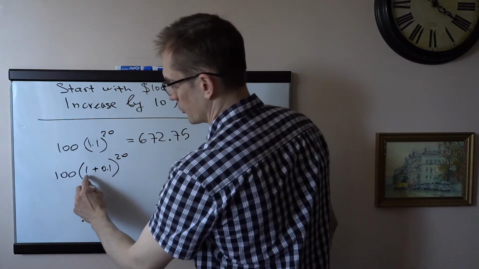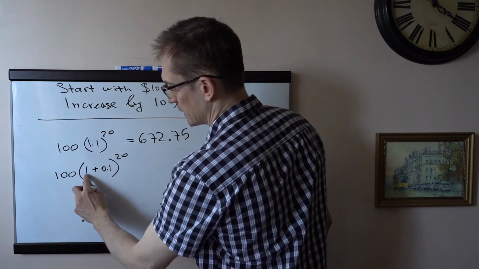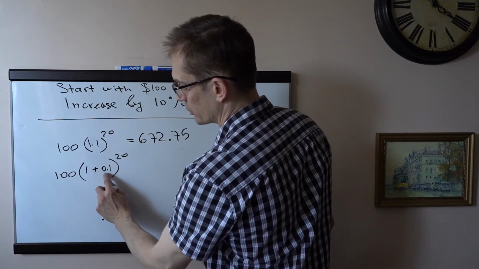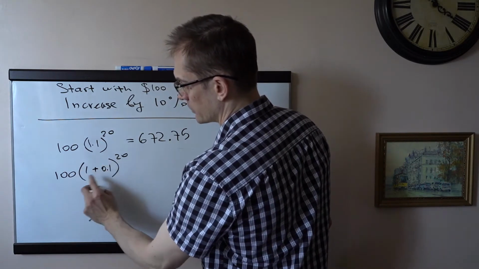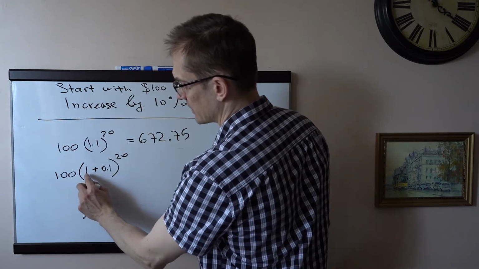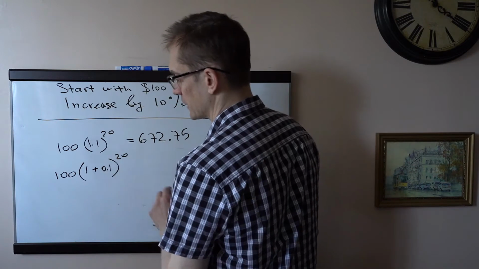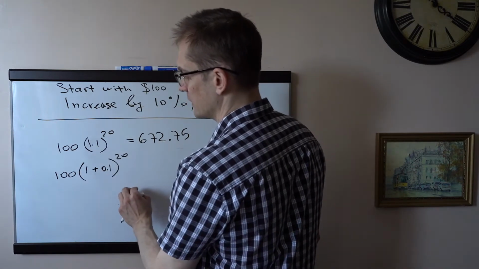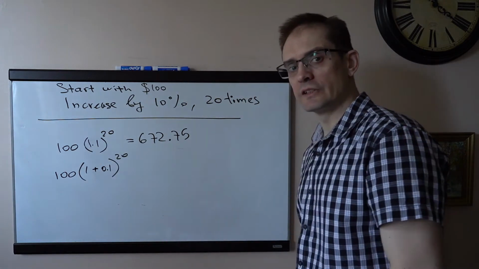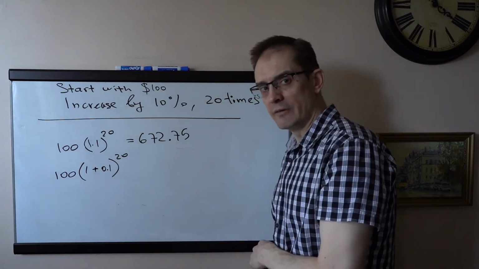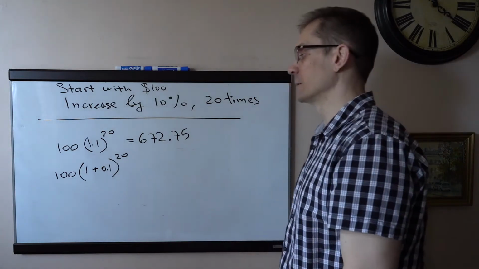So again, 1 plus 0.1 means that 100% was in the beginning, and then you put 10% on top of 100%. So 1 plus 0.1 means you're finding 110% here. Again, something obvious, but in the future you will see how our formulas will use this idea.